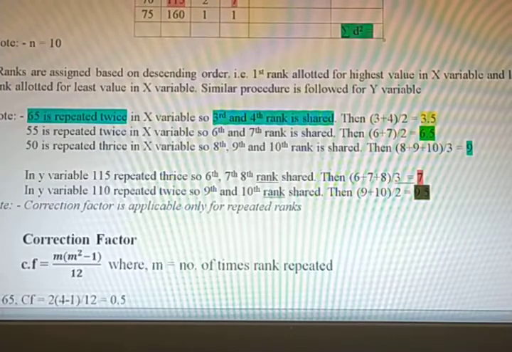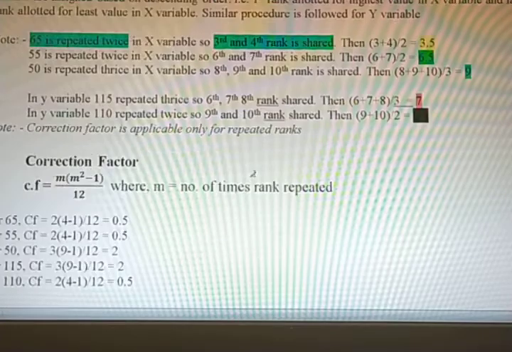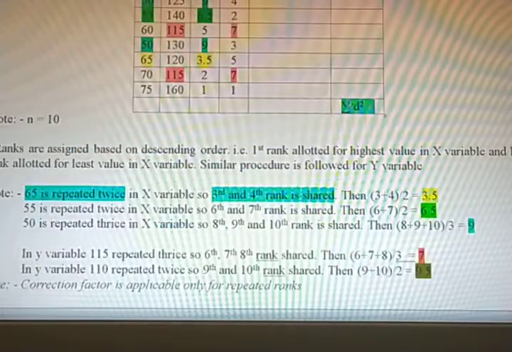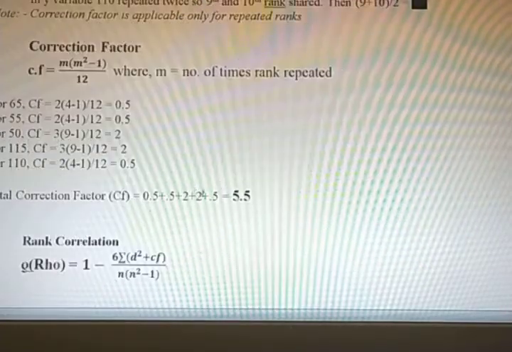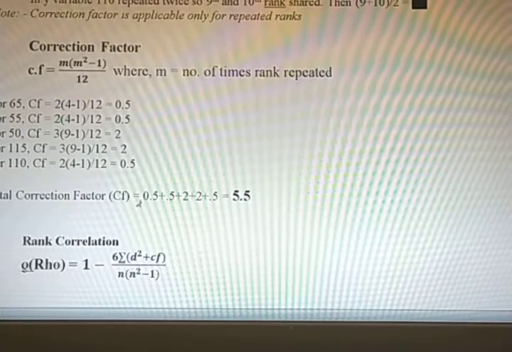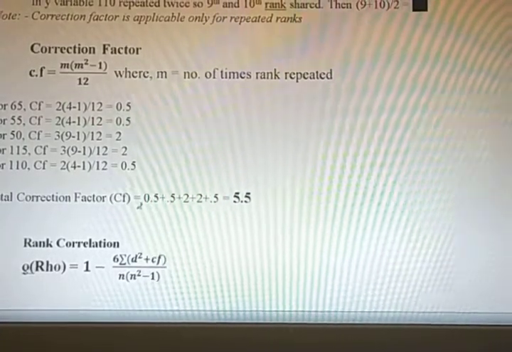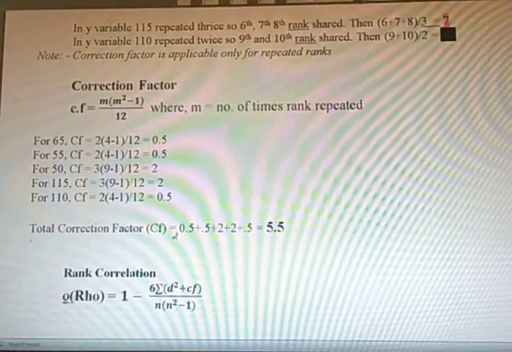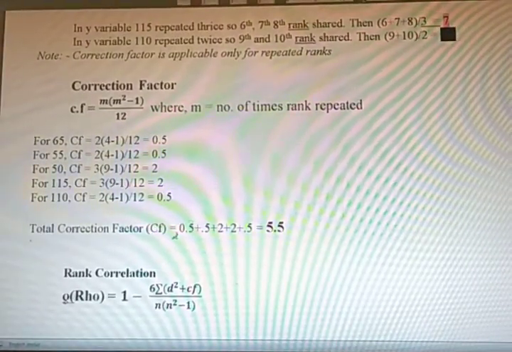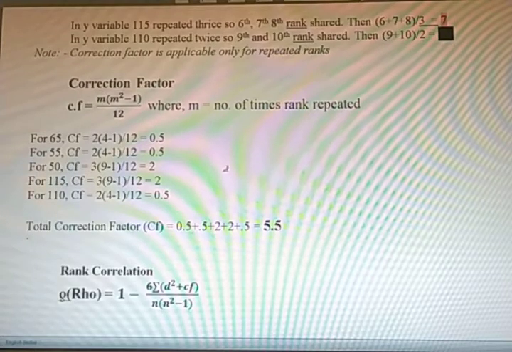Once the D square values are obtained, the next step is to apply them in the formula. But before applying this, there is a concept you need to understand about the correction factor. The correction factor is applicable only for repeated rankings.